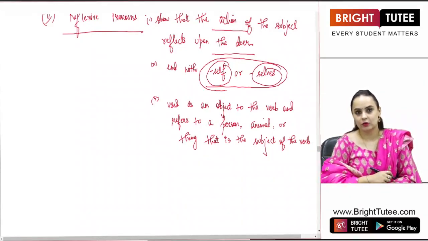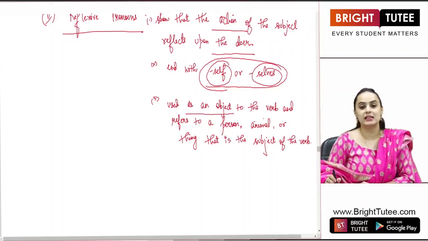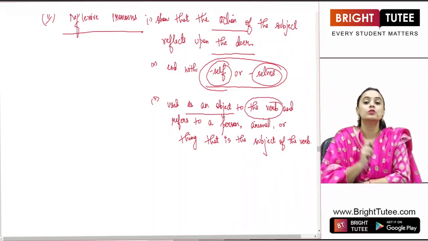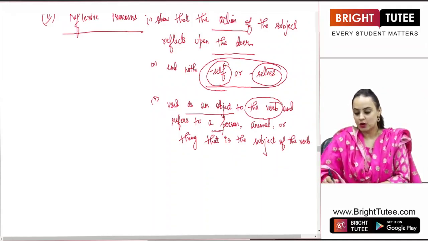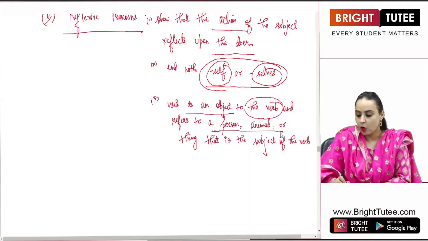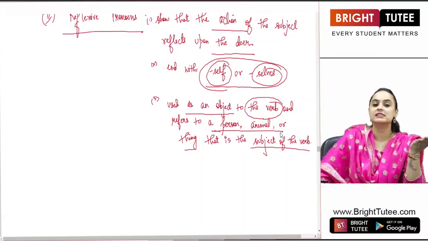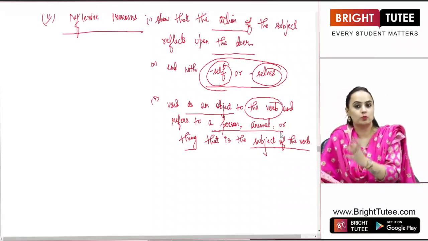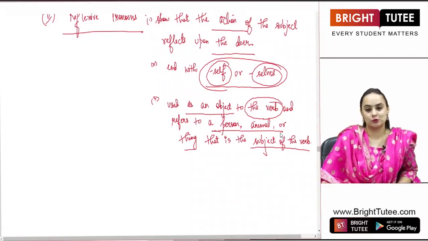And the last thing that we ought to keep in mind, a reflexive pronoun is always used as an object to the verb, not to the subject but to the verb, and it refers to a person, an animal, or a thing that is the subject of the verb. So whatever is the subject of the verb, that subject will be referred to by a reflexive pronoun, and it is used next to the verb.